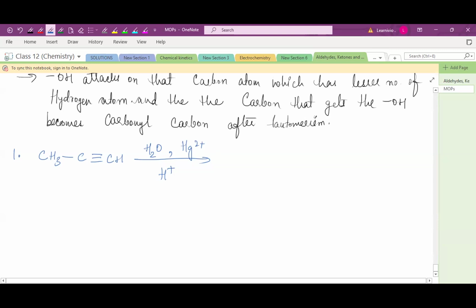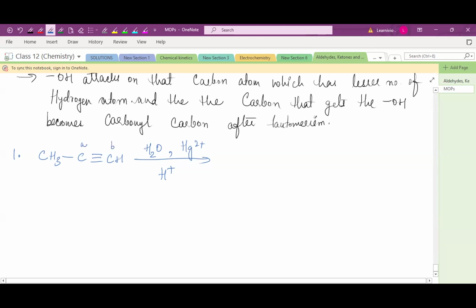Now you are doing the hydration. So H2O has H+ and OH- ion. And this is your alkyne. To which carbon are we supposed to attach the OH group? Suppose this is your A carbon, this is your B carbon.